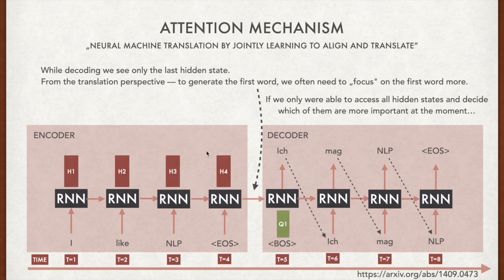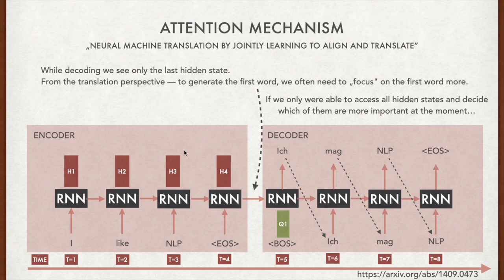A possible solution was proposed in 2014 when Dzmitry Bahdanau and others introduced the idea of attention in the paper entitled Neural Machine Translation by Jointly Learning to Align and Translate. The general idea here is quite simple.